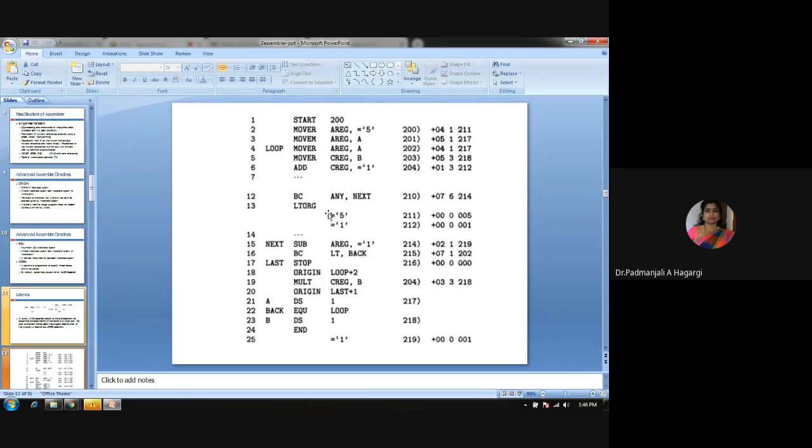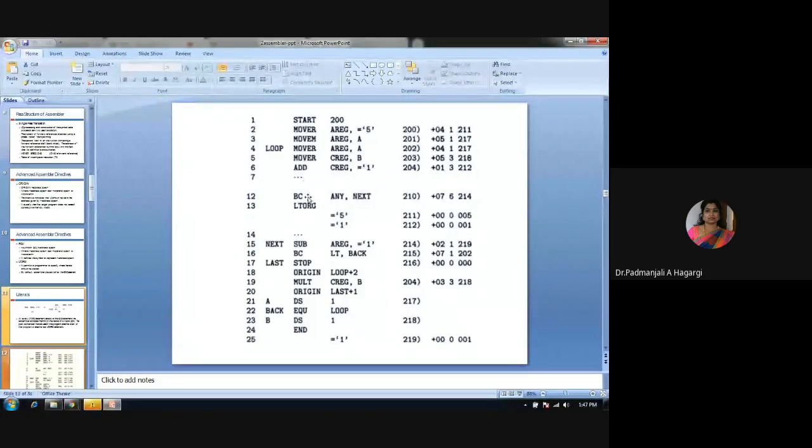Now here LTORG is here, what we have seen. So far, for the assembly program here, the program is beginning at 200, and here we find a literal 5 and another literal 1 for the register called CREG, for the C category of register. Assume that here there are some set of instructions.